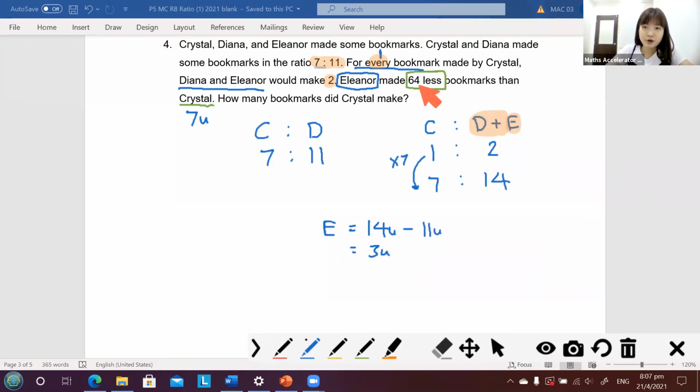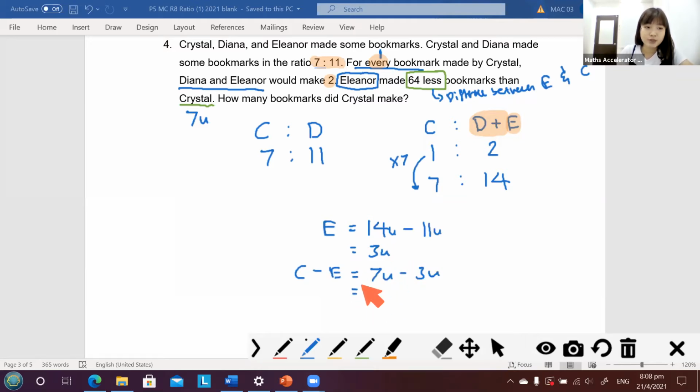But this 64, they didn't tell you that Eleanor made 64. She made 64 less than Crystal, which means they're looking for the difference between Eleanor and Crystal, which means C minus E. So we know that Crystal is 7 units and Eleanor is 3 units.